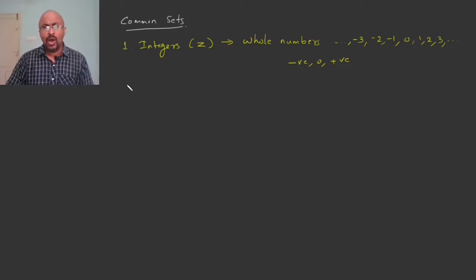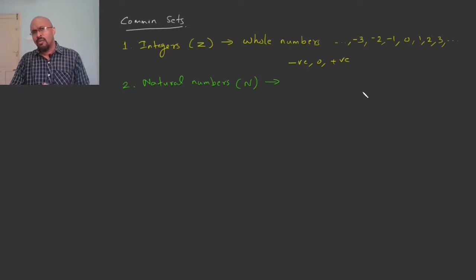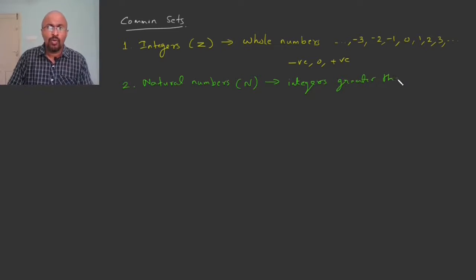The second type of common set we are going to study is the set of natural numbers. We know it is represented as capital N. What is a natural number? They are the integers greater than 0.